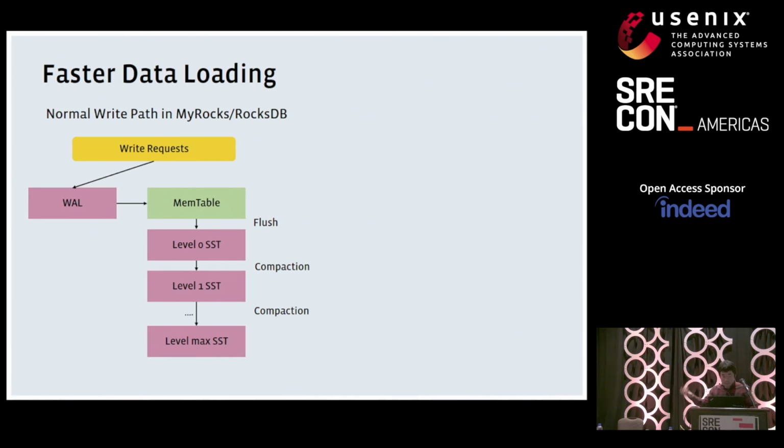Then other SST files are created, and this repeats a couple of times. Finally, most data files are stored in the bottommost level, the max level SST files. So even though you write just a couple of bytes, the same bytes are written many times, and many CPU cycles are also consumed. This is pretty wasteful for data loading, because we are doing it just once.